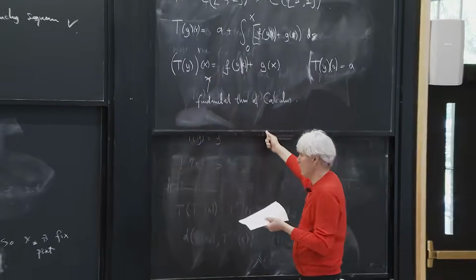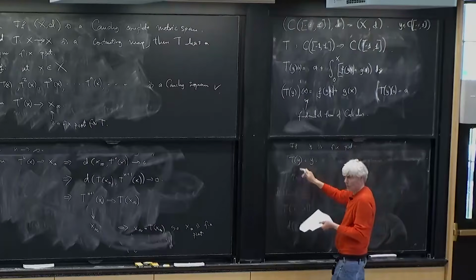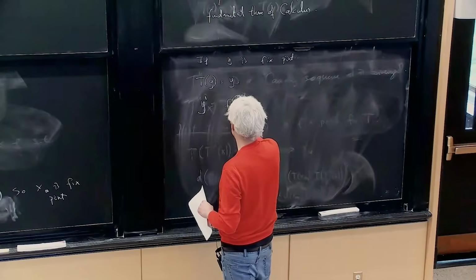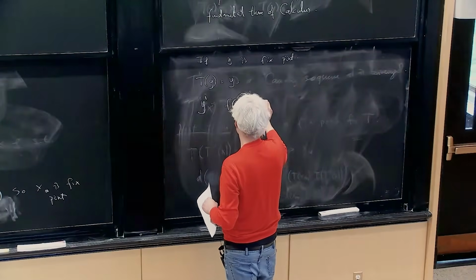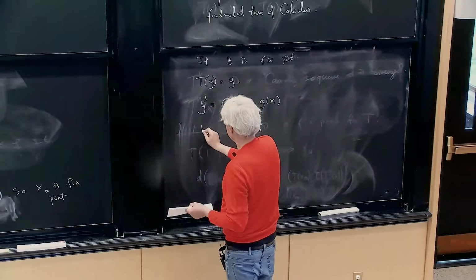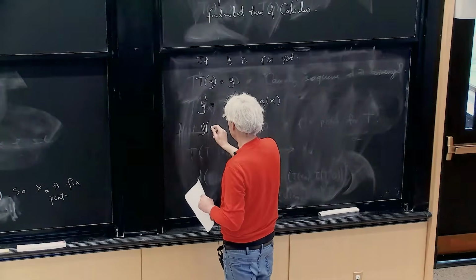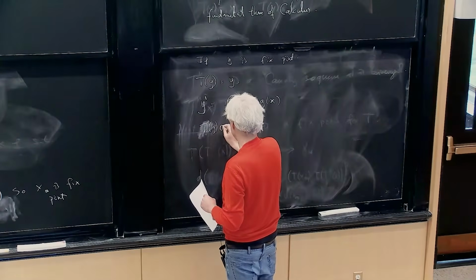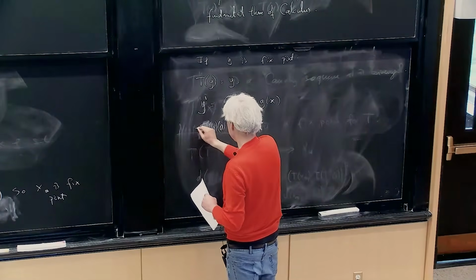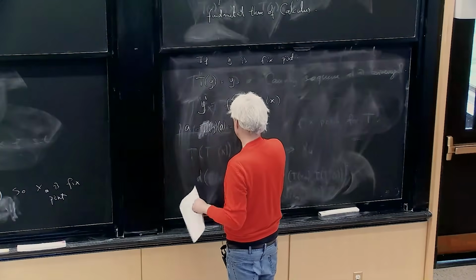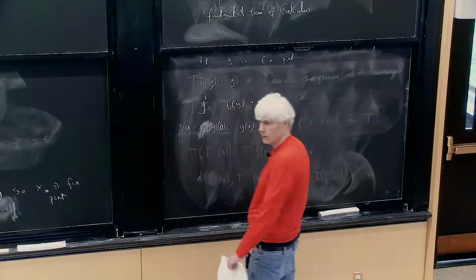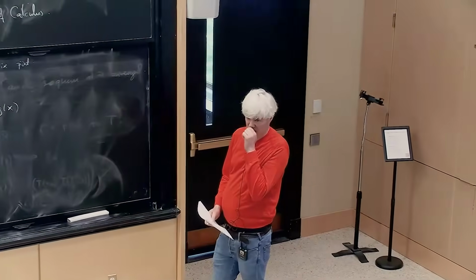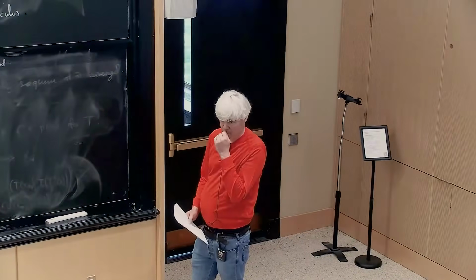So this means that y has it, because y is equal to this. So y is differentiable, and the derivative is equal to this. And we always have, whether it's a fixed point or not, that T y of 0 is a, and since it is a fixed point, this is also this. So you see that if it is a fixed point, then it is a solution to the differential equation. Okay.